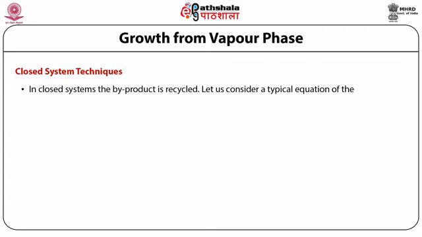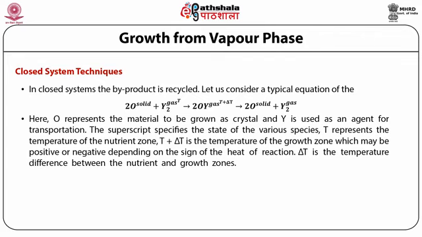Let us consider a typical equation of the type 2O(solid) + Y2(gas) → 2OY(gas) at temperature T + ΔT → 2O(solid) + Y2(gas). Here O represents the material to be grown as crystal and Y is used as an agent for transportation.